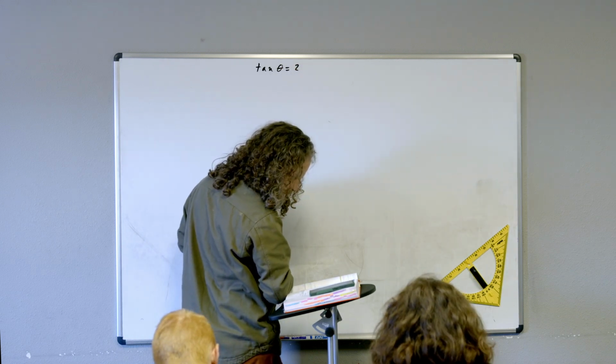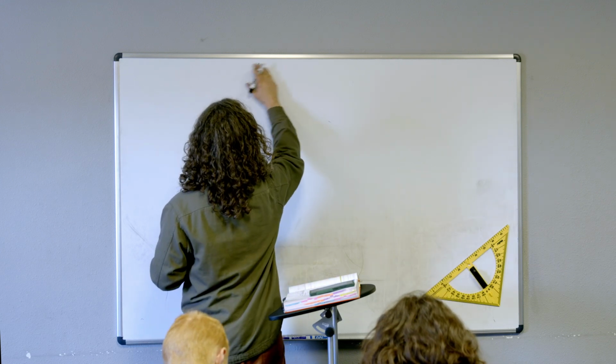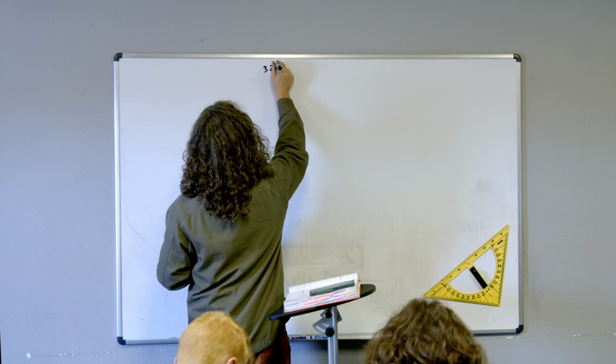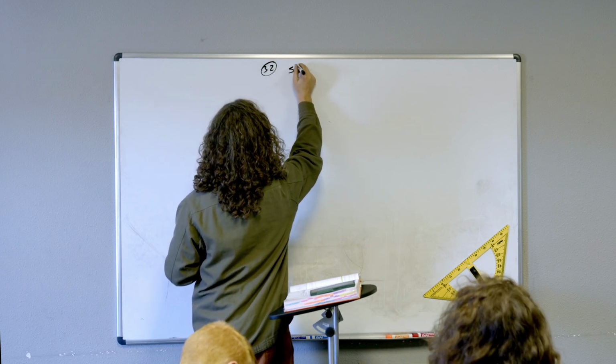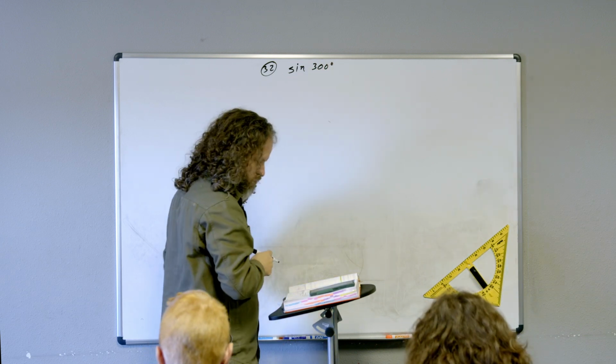Oh, just kidding. I'm looking at the wrong problem. Find the exact value of the sine of 300 degrees. Is that what you're saying? Yeah. Okay. This is not one that we fixed. This is a different one. Find the exact value of sine of 300 degrees.